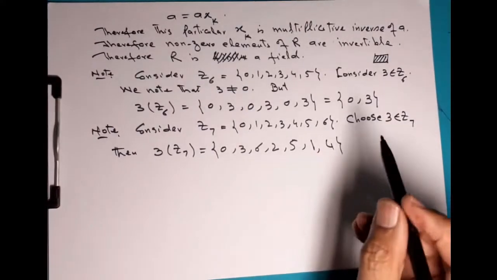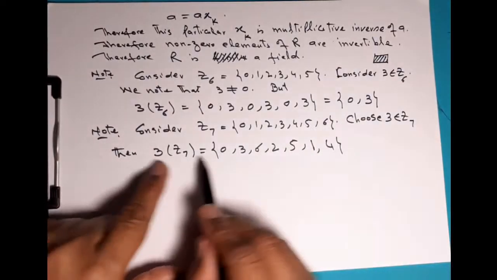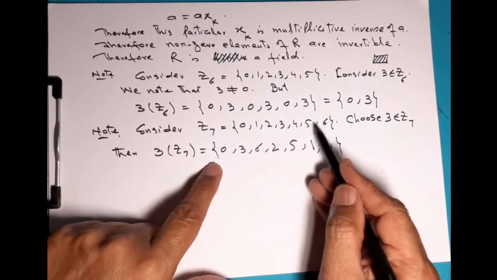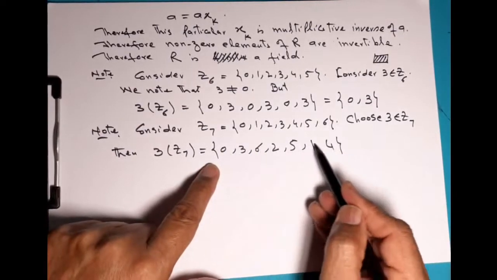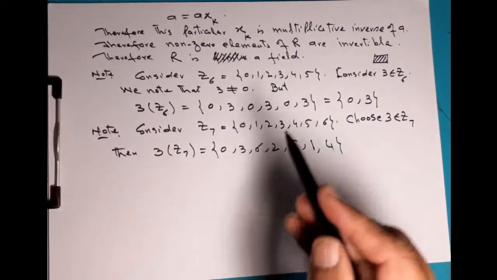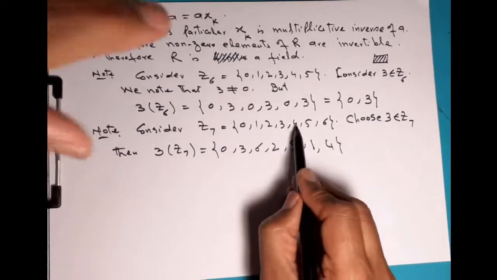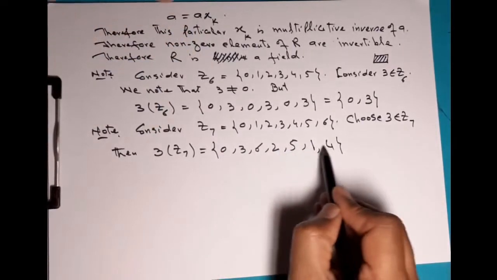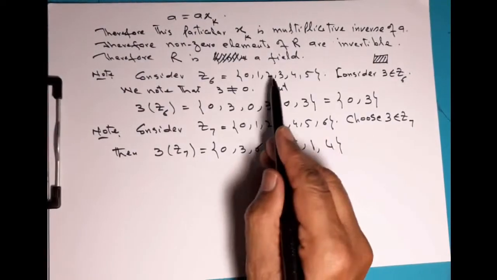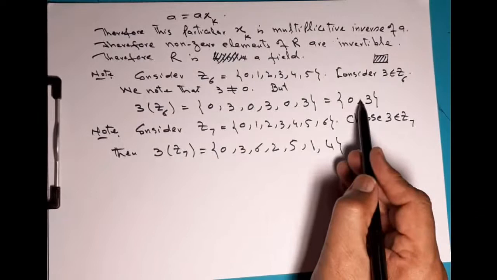Now note that Z7 and 3 times Z7 have the same elements. So when we multiply Z7 with one of its non-zero elements, the result is Z7. But when we multiply Z6 with one of its non-zero elements, the result is smaller than Z6.